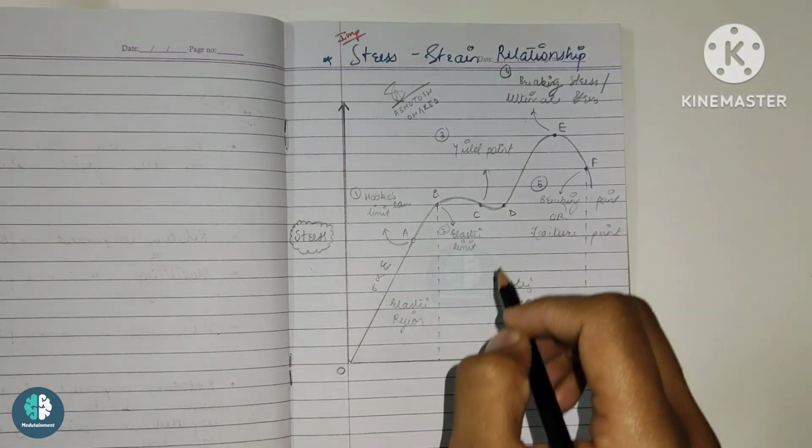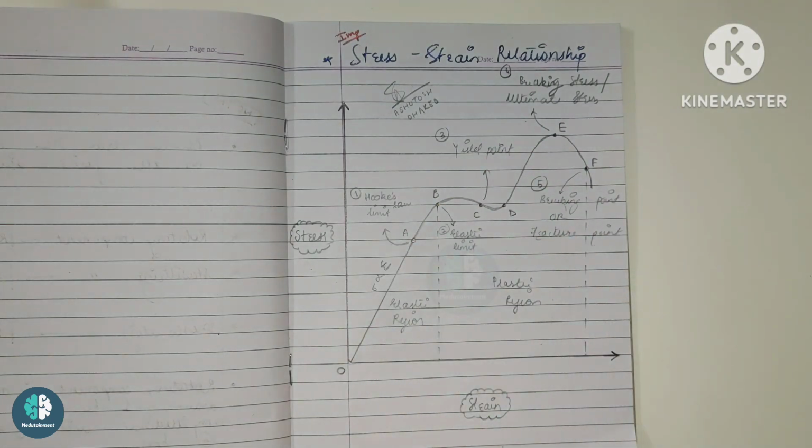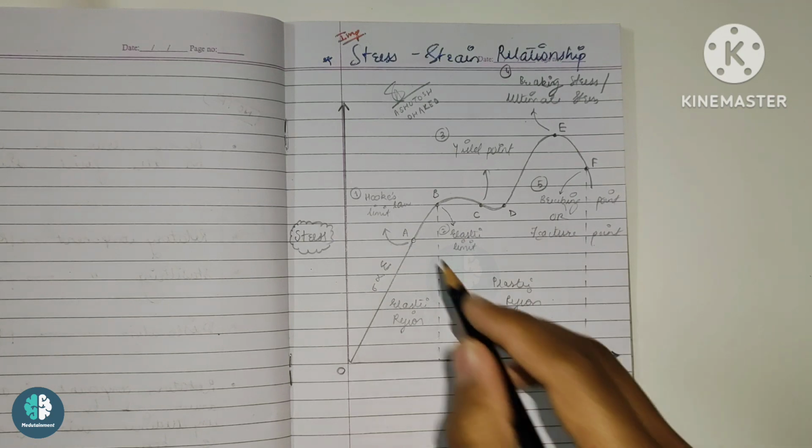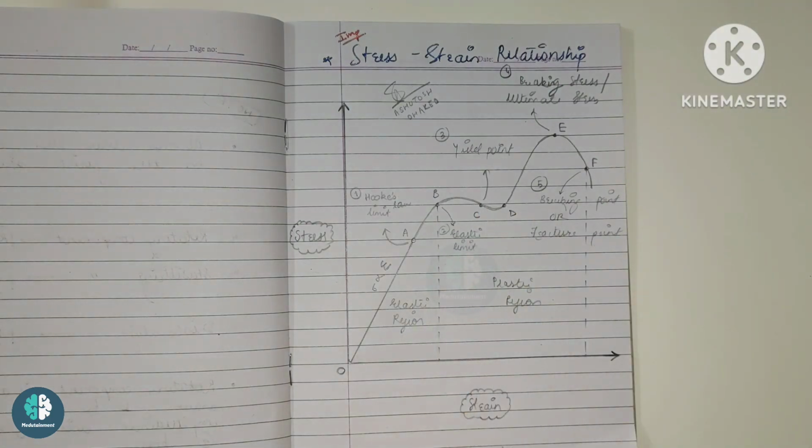From B to C it is a zone of partly plastic and partly elastic behavior, because, as I have said, the elasticity keeps on decreasing along with increasing plasticity. That is why this B to C zone is called the plastic deformation zone.